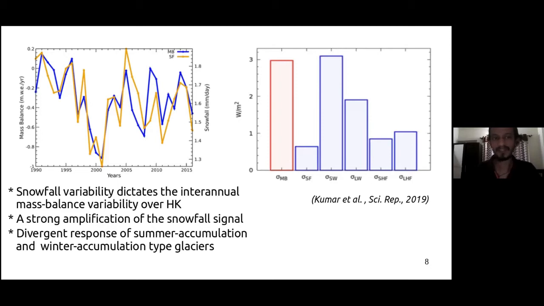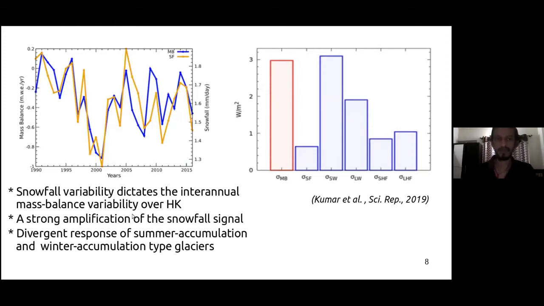But in simple terms, it would have been either a very warm year, or, if it is present in both Karakoram and Himalaya, then snowfall was low in those few years. That's also a possibility. Yeah, the dip is there in both snowfall and mass balance.